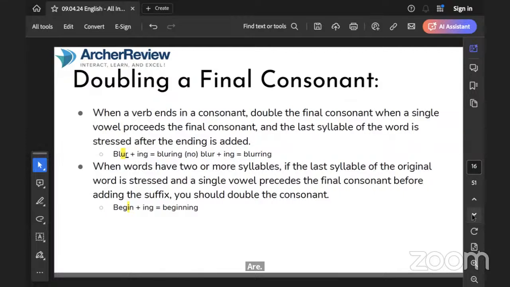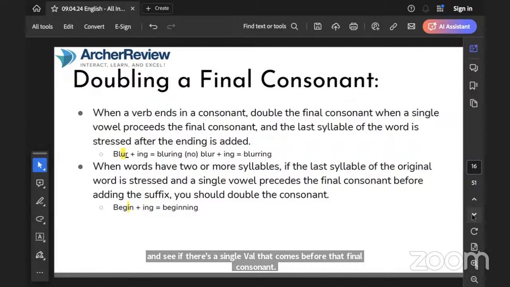That first one, blur, that's just one syllable. But if you have a word that has two syllables and that last syllable is stressed, then you're going to look and see if there's a single vowel that comes before that final consonant. And if so, you're going to double that consonant.